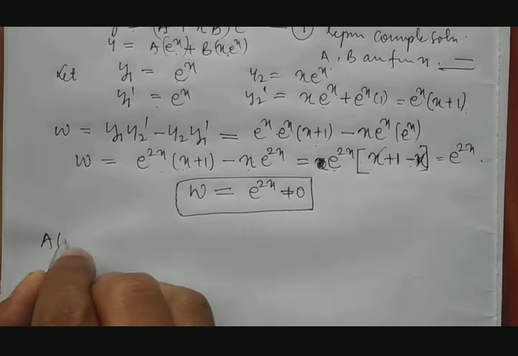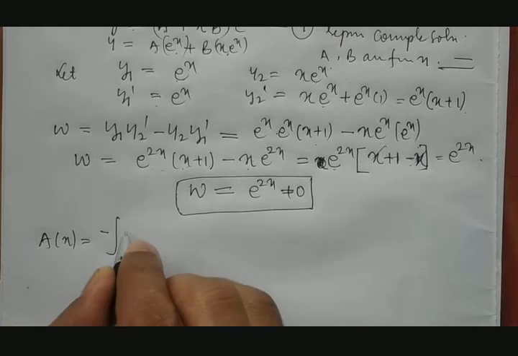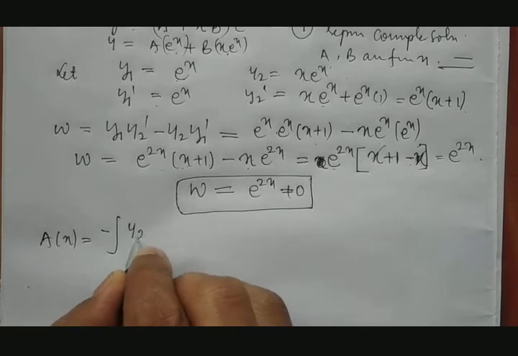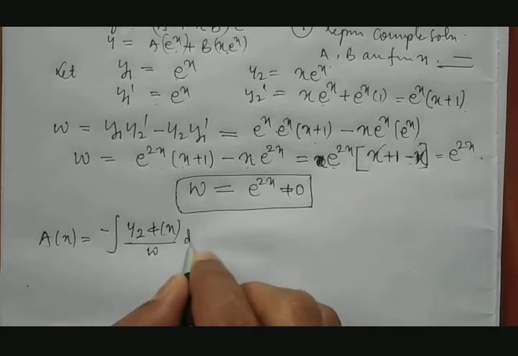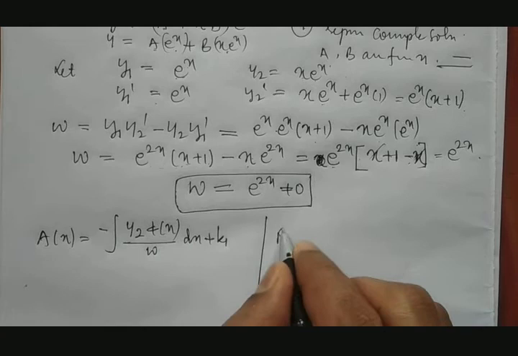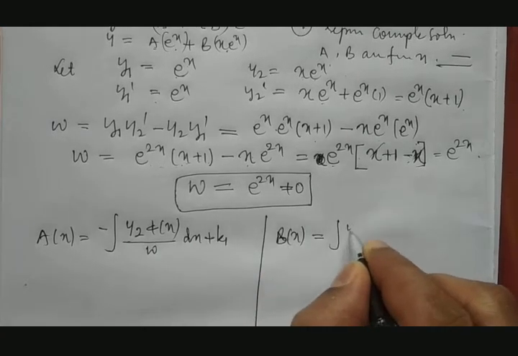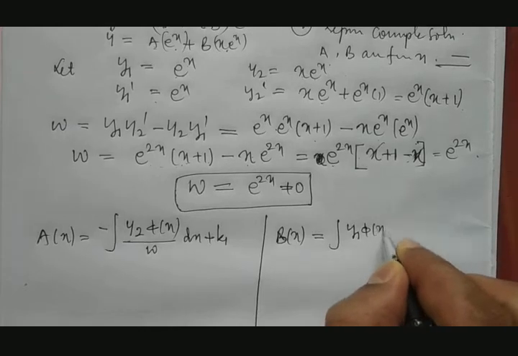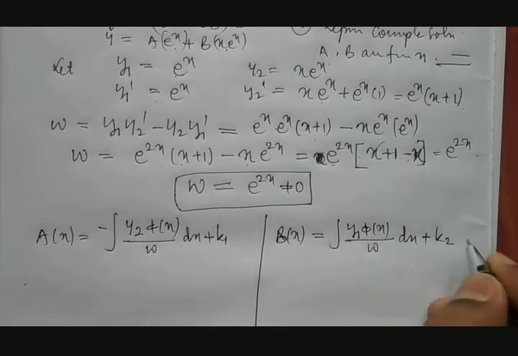Therefore a of x can be calculated by using the formula: minus integration of y2 into phi of x divided by W with respect to x, plus k1. Similarly, b of x is equal to integration of y1 into phi of x divided by W with respect to x, plus k2.